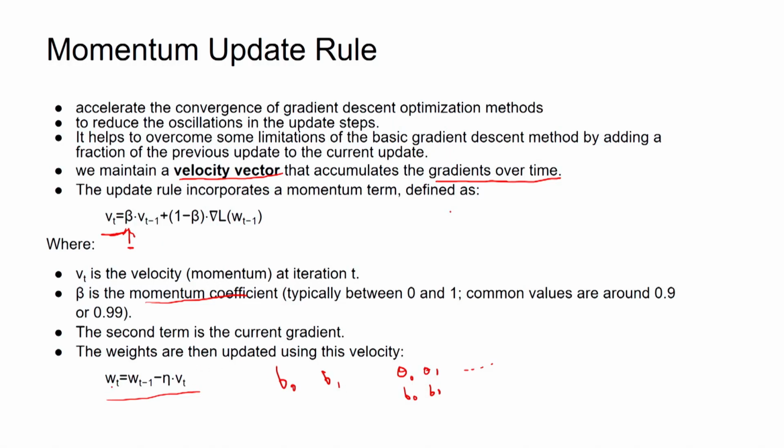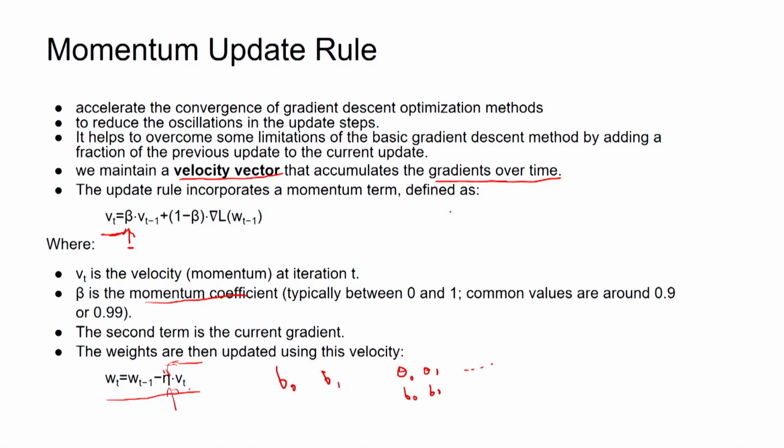So, we are updating our parameters using this formula: Wt is equal to Wt minus 1, which was the previous parameter value, and we now update it by subtracting eta times Vt, where Vt is the velocity that contains gradients over time, and eta is the learning rate.